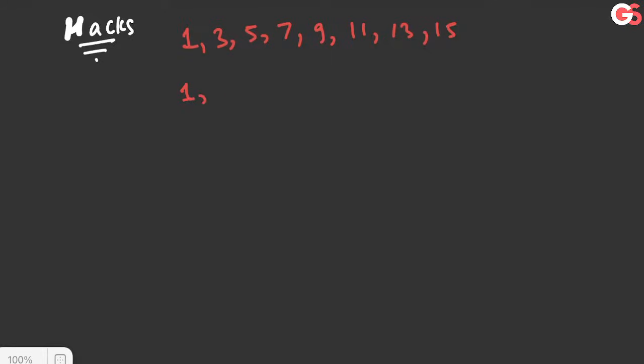What if I write like this: 1, then 4, then 7, then 10, then 13, and it goes like this, till, let's say, 298.